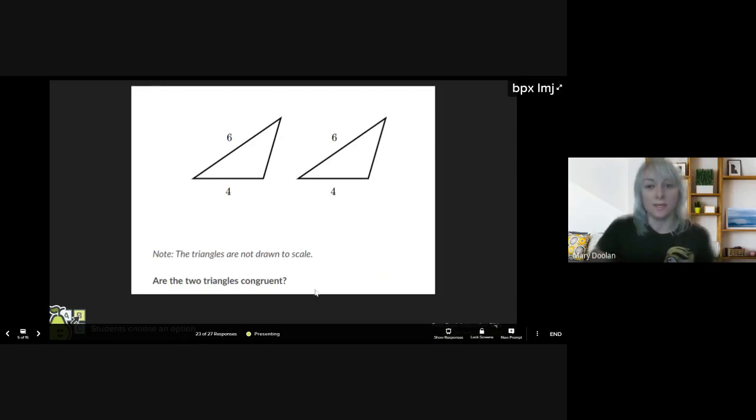Okay, some thumbs up. Yes, that's true. Is it possible now, different question, that these two triangles are not congruent? That this side length here is actually a different length? Is it possible that they are not congruent?